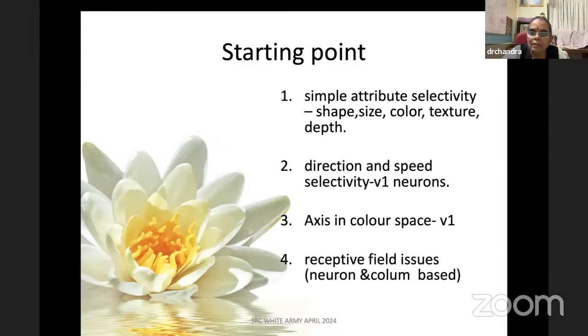And axis in color space, which is the orientation, that is also by the V1 neurons. And the receptive field issues, neurons and column based. These neurons go in columns from the retina to the occipital lobe, and through columns the field in which an object will be recognized is determined by the columns.